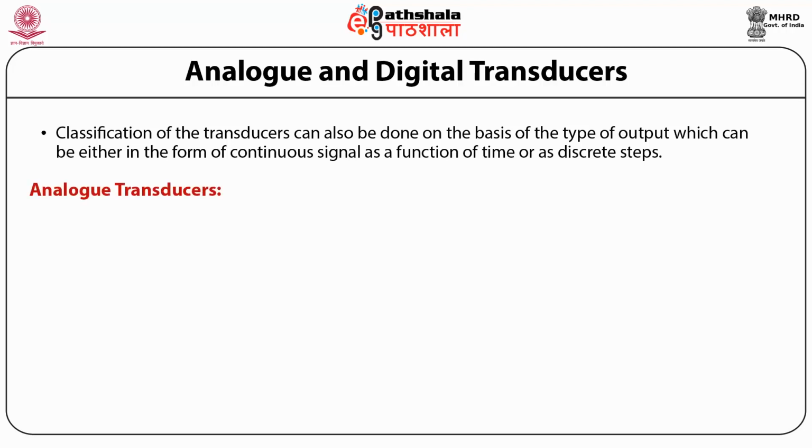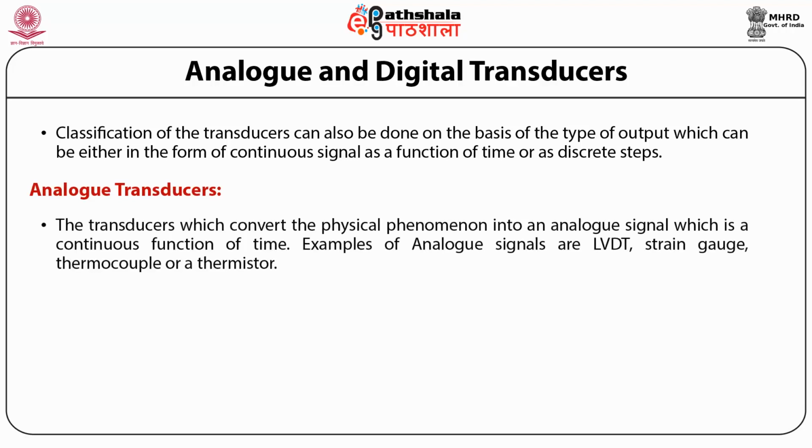First, the analog transducers. The transducers which convert the physical phenomenon into an analog signal, which is a continuous function of time. Examples of analog transducers are LVDT, strain gauge, thermocouple, or a thermistor.